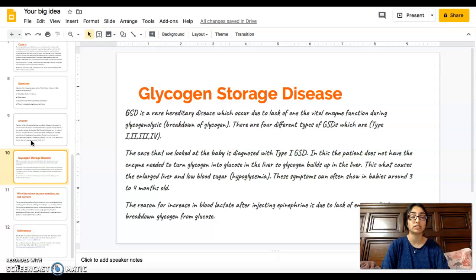This is what causes the enlarged liver and the low blood sugar levels, which was hypoglycemia. These symptoms can often show in babies around 3 to 4 months old. The increase in blood lactate after injecting epinephrine is also due to the lack of the enzyme, which breaks down glycogen into glucose.